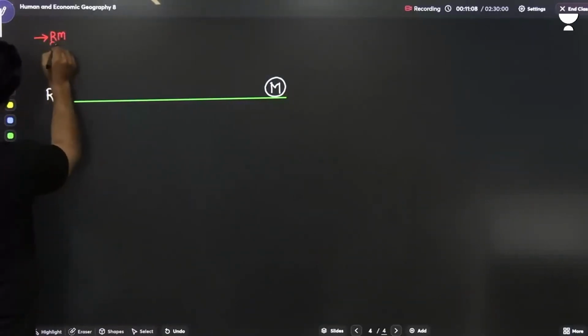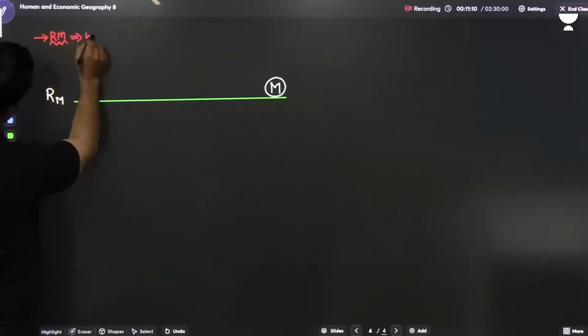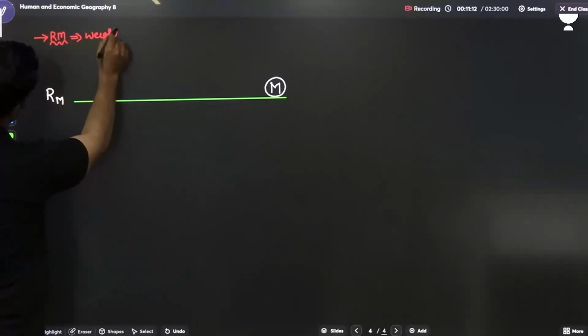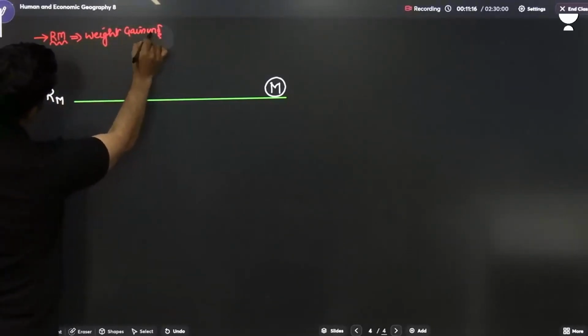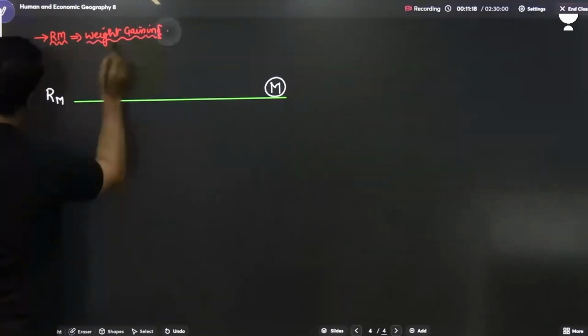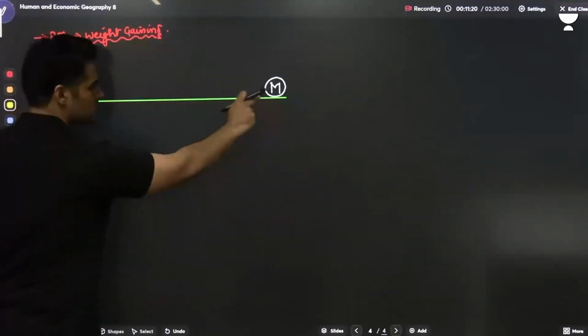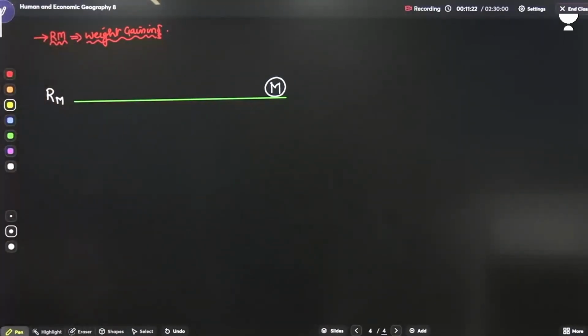If raw material is weight gaining, what is this raw material? Weight gaining. And what is this whole distance? Is it clear? Now tell me, in this case, if raw material is weight gaining, it means initially raw material is lighter.